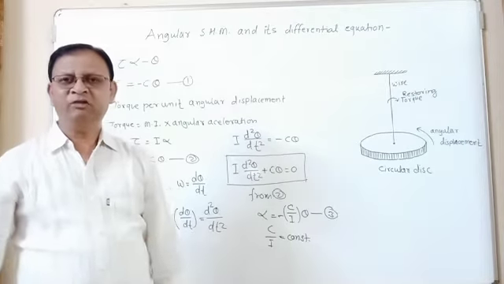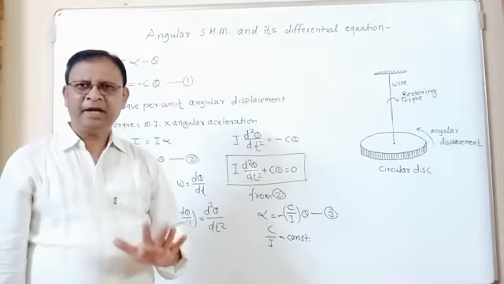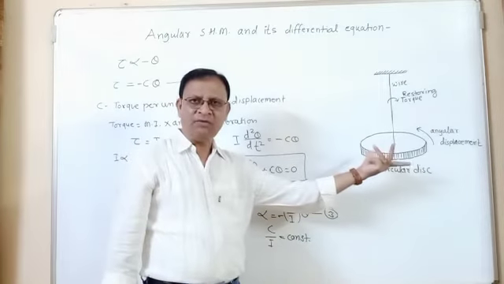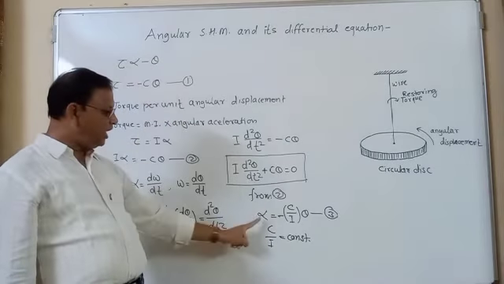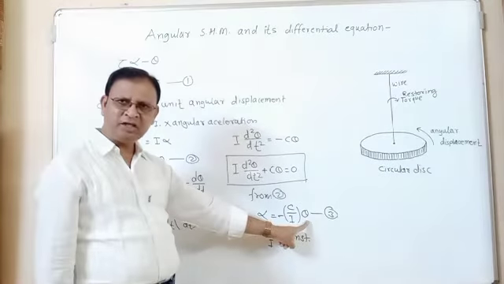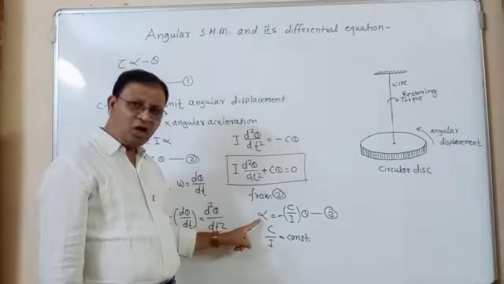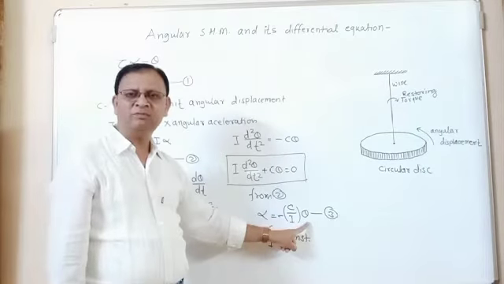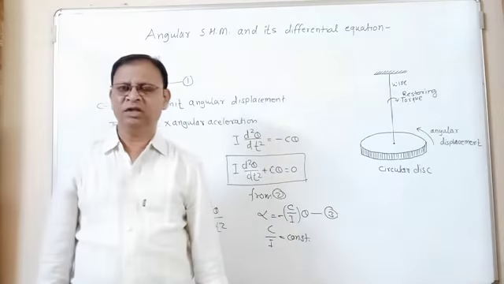Angular simple harmonic motion of a body can be defined as the angular oscillatory motion of a body in which torque or angular acceleration is directly proportional to the angular displacement and the direction of the torque or angular acceleration is opposite to that of the angular displacement. So this is the definition of angular simple harmonic motion of a body.